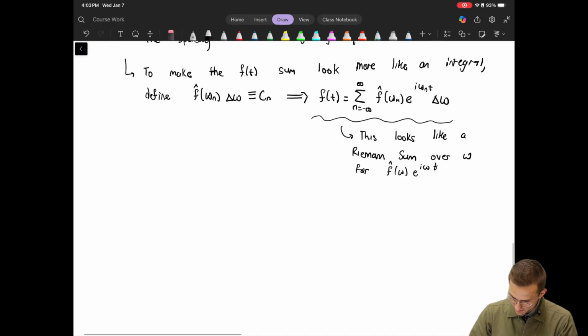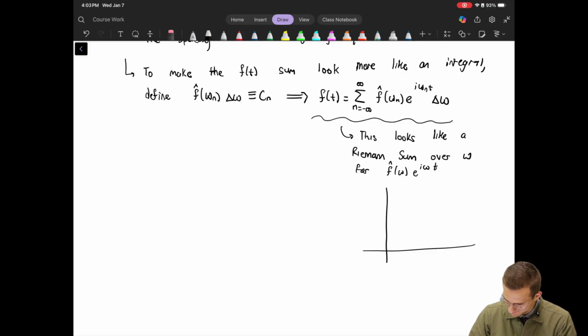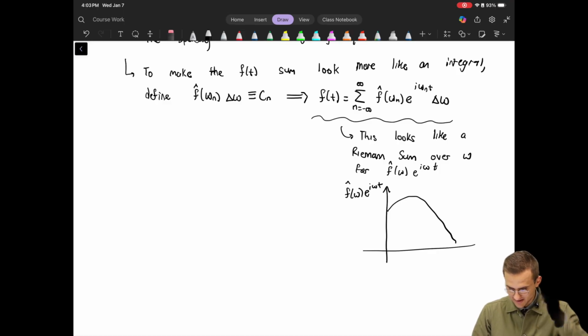What I mean by that is if we had some sort of function that looked like this, and that function was f hat of omega e to the i omega t, then we're basically taking the value at a certain integer, so like omega 1, we're going up here, multiplying that by delta omega, the width over here, and adding that to the sum.